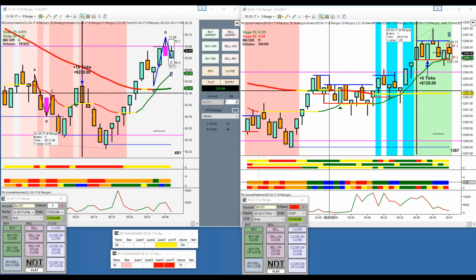Seven ticks off support on crude. Hit to the value area high. No trade long.